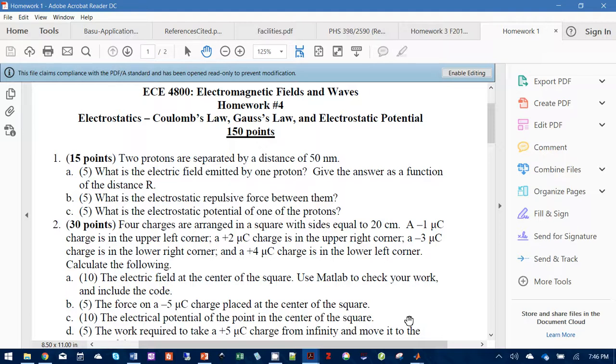So if you just do a simple subtraction in MATLAB, you can find that r, and then once you find the r, calculating the electric field is pretty straightforward. So it's part of your homework to use MATLAB to check your work and include the code. I think once you do this once, you'll see how easy it is to do some of these problems in MATLAB.